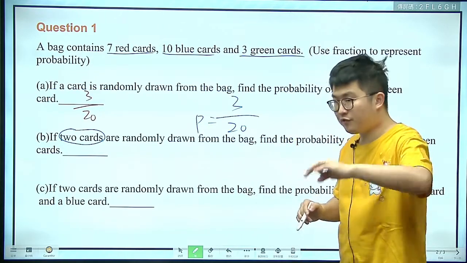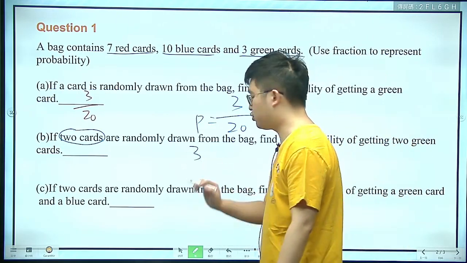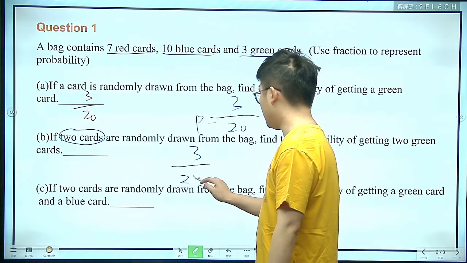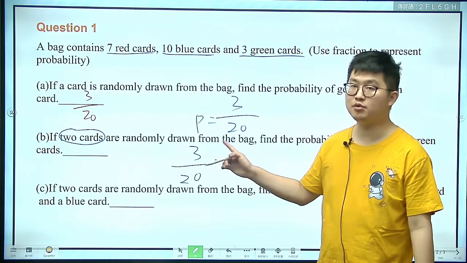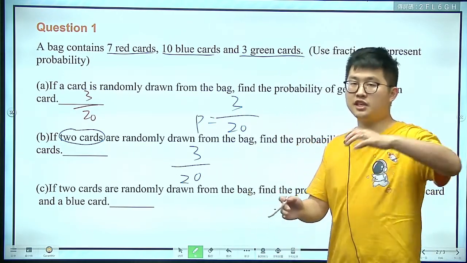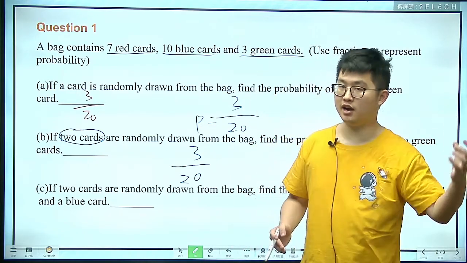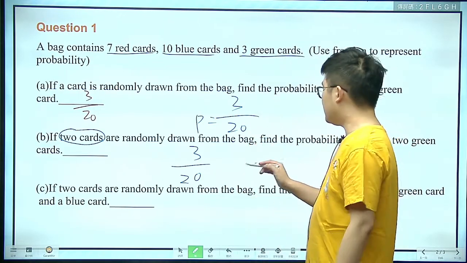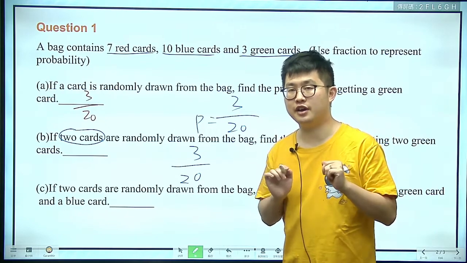For the first draw, we have 3 green cards in the bag, so 3 over 20, which is the total number. This is the probability for step number 1. After this, we draw the second card, and we need it to be green. In the second step, how many green cards are there?